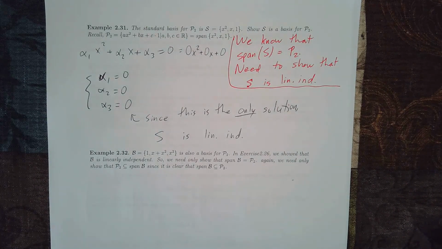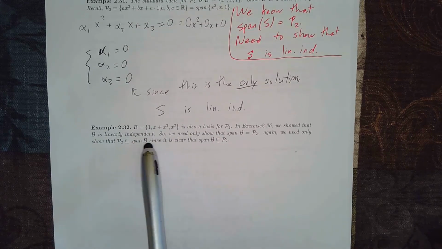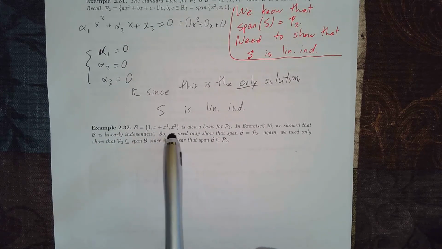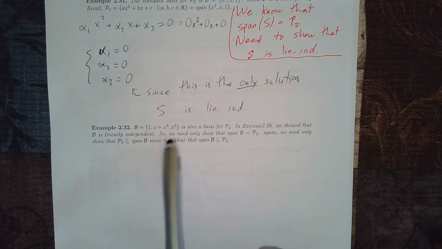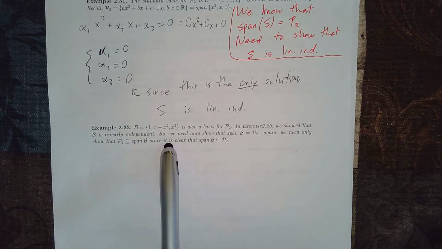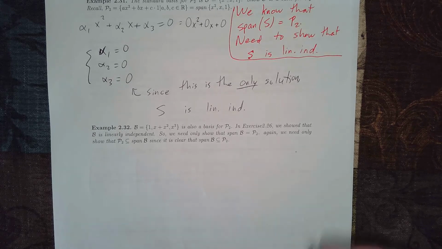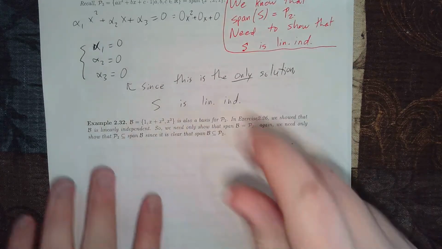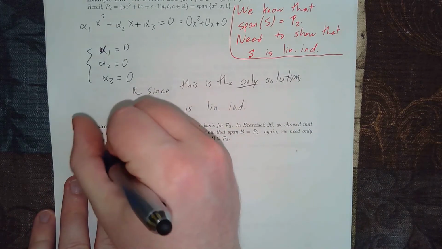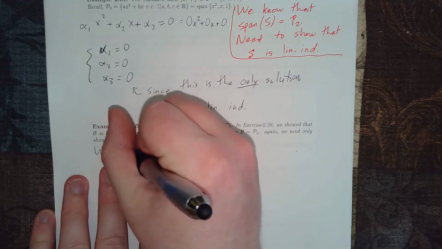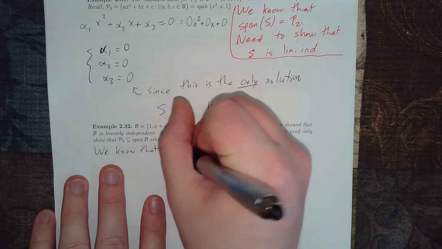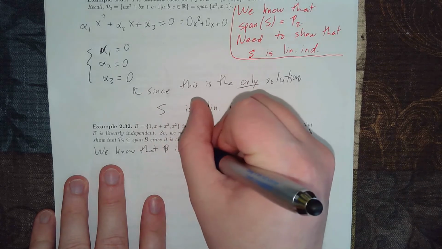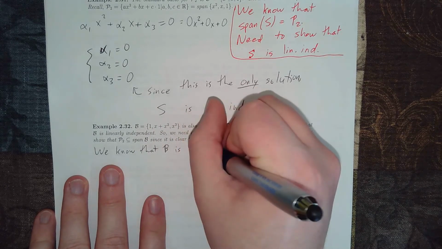All right, so let's look at another example. Let's say we wanted to look at the set 1, x squared plus x, and x squared. If we took a look at this set, in the last video we showed that this was linearly independent. So here we know that B is linearly independent.